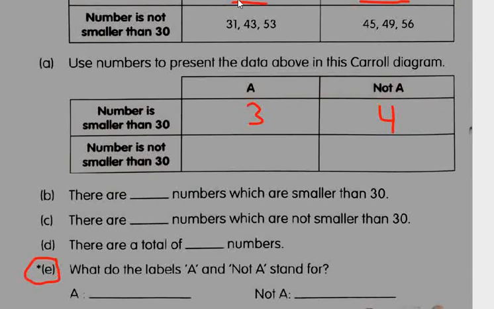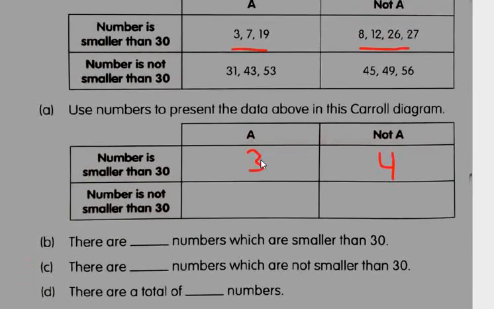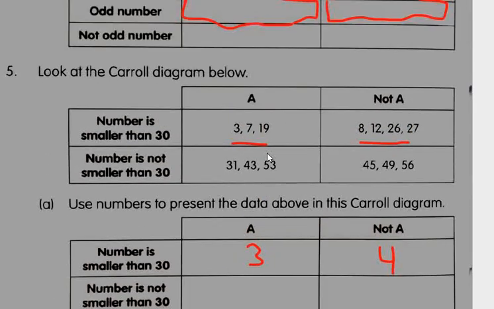So you have to think about the pattern of A or not A. Take a look at the first column: 3, 7, 19, and not A: 8, 12, 26, 27. Is it odd or even? No, right?